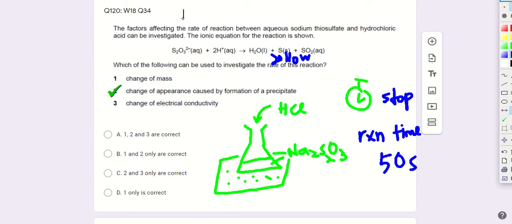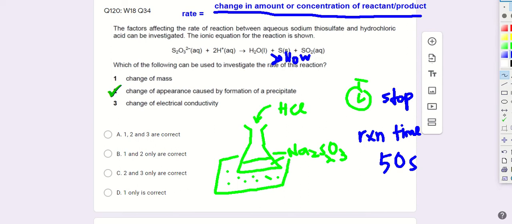Rate is always the change in the amount or change in the concentration of reactant, or we can also use products, over a period of time. This is how we calculate rate of reaction.